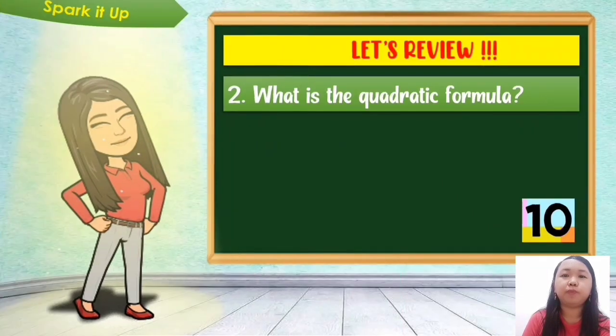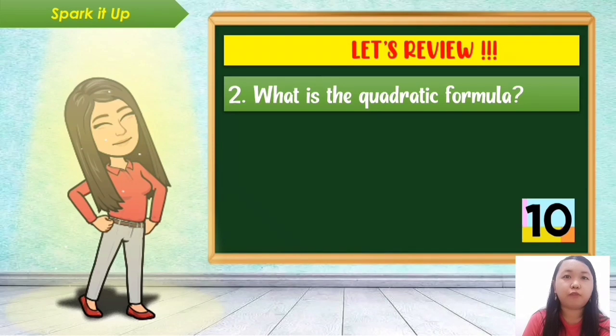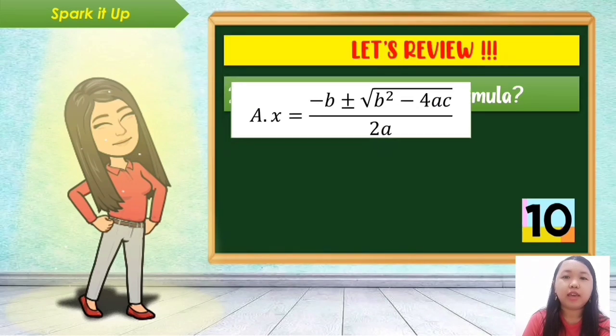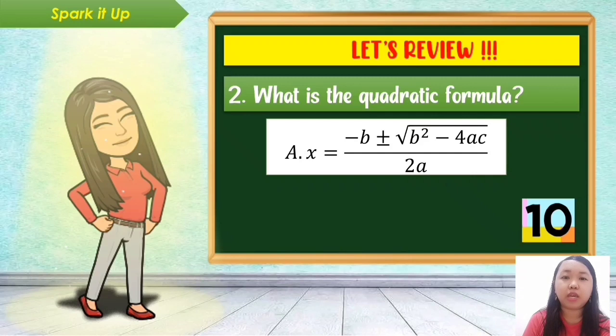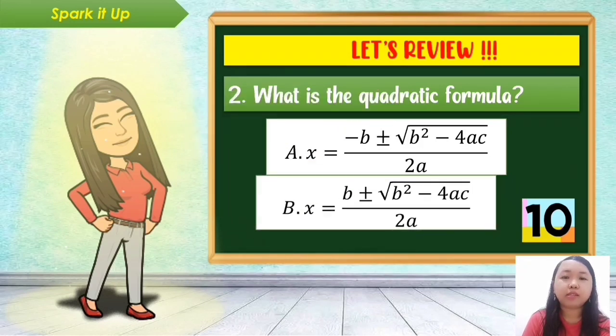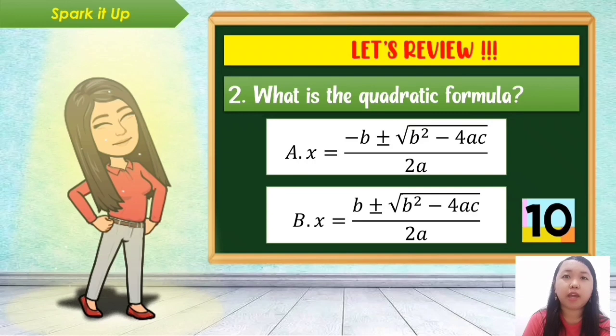Number 2, what is the quadratic formula? A, x is equal to negative b plus or minus square root of b squared minus 4ac all over 2a, or B, x is equal to b plus or minus the square root of b squared minus 4ac all over 2a.